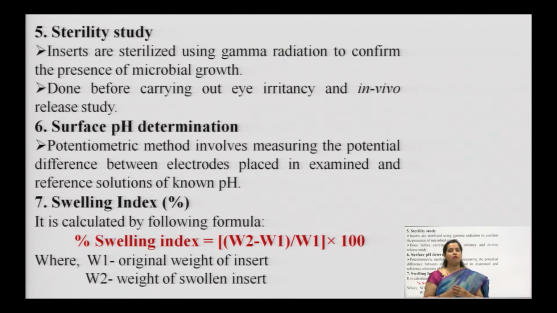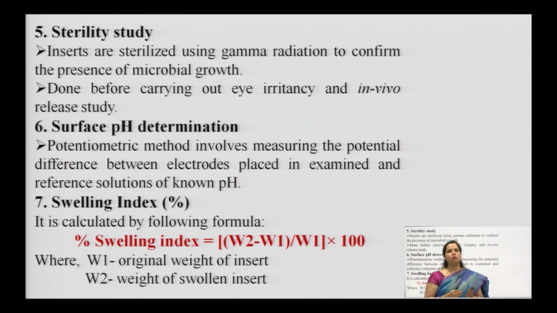If there is any microbial growth above the limit prescribed in the standards, then we can't say that the dosage form prepared is up to the mark. So, we have to reject that formulation batch if there is microbial presence. Otherwise, the microbial growth may increase while using the ocuserts.